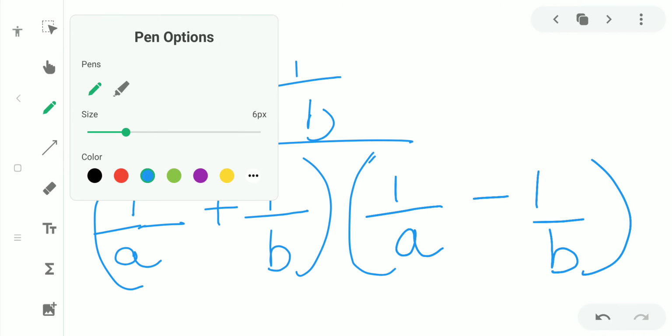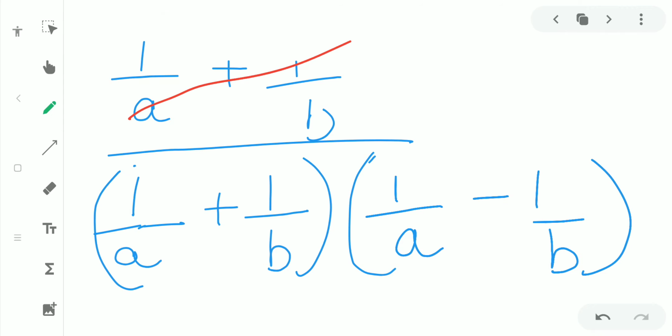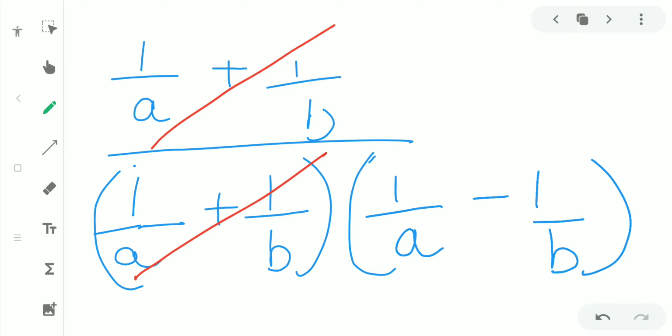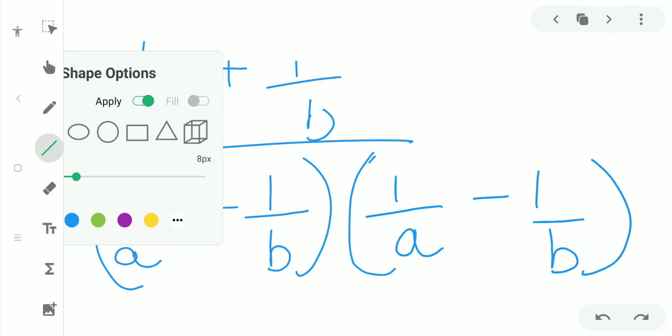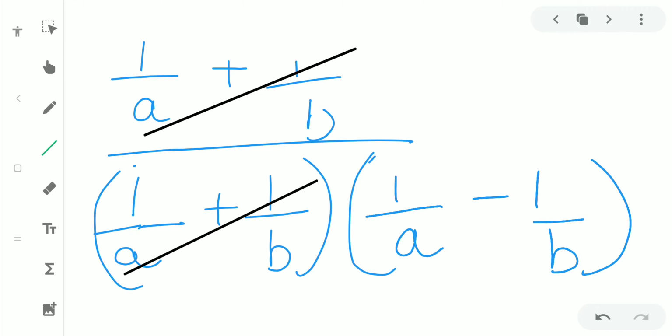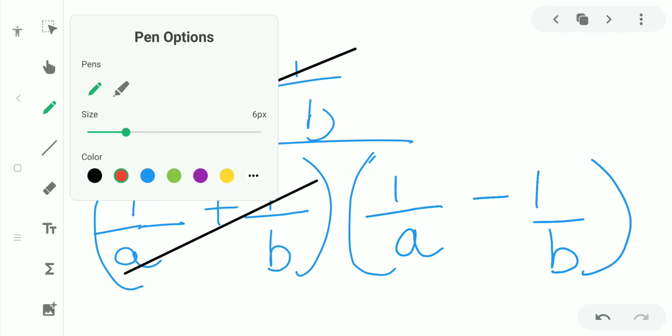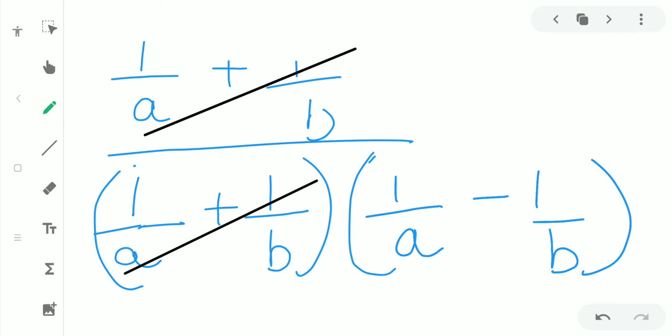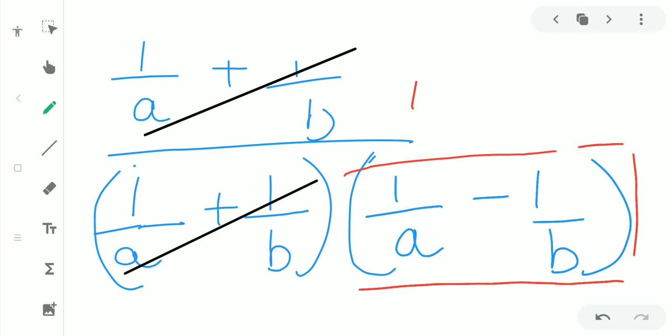Now we can cancel 1 by a plus 1 by b in the numerator and the denominator. We will get 1 in the numerator and 1 by a minus 1 by b in the denominator.